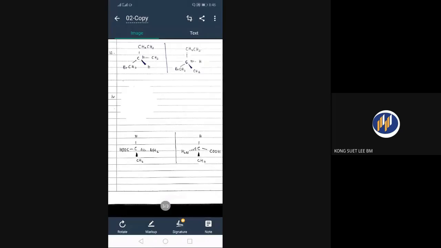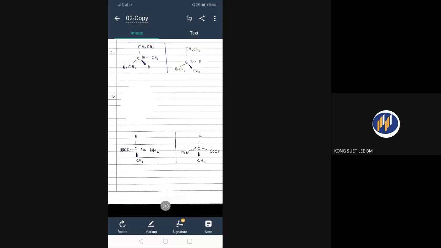Terangkan. Sila terangkan. Yeah, Mushida, you may start now. Madam, tapi saya kurang faham macam mana nak identify dia punya optical active tu.